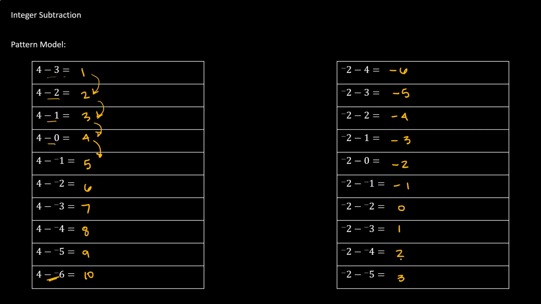And something to notice here is that there's different cases. So when we are starting with a negative, subtracting a negative, we can result in a positive. Or we can result in a negative. The best way to determine which sign your answer is going to have is to look at each of the numbers that are involved.